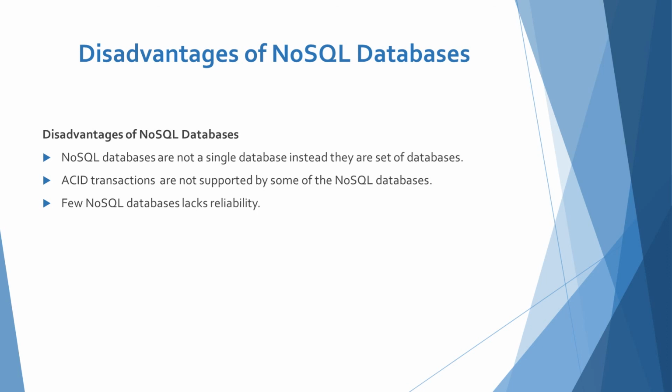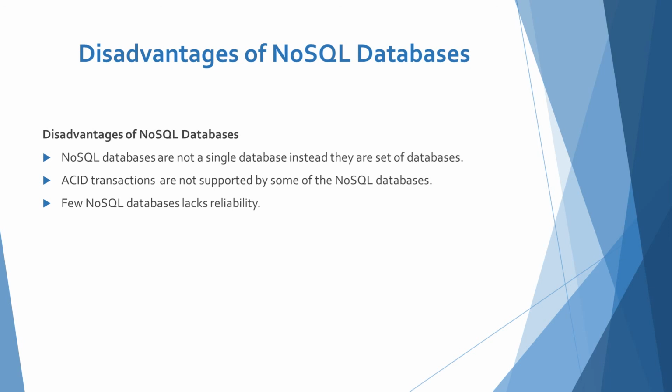Actually, all ODBMS databases support ACID transactions: atomicity, consistency, isolation and durability. But a few NoSQL databases do not support ACID transactions, though MongoDB supports transactions from MongoDB 4.0 onwards. So whoever wants to migrate from ODBMS to NoSQL databases can go with MongoDB. Why?